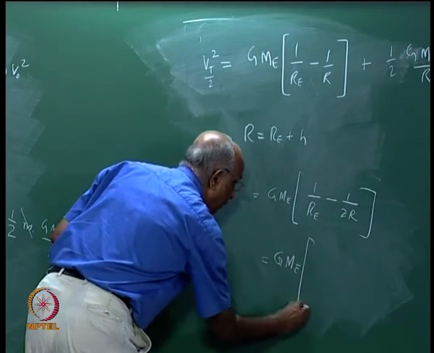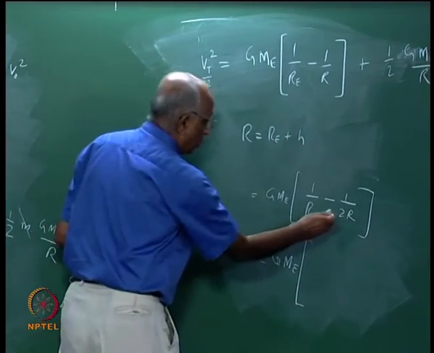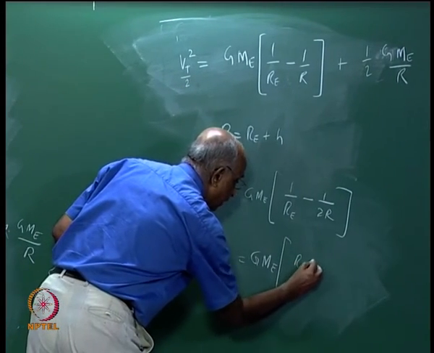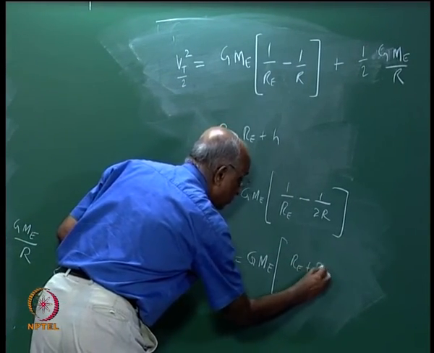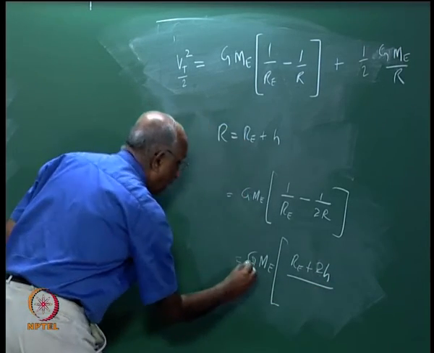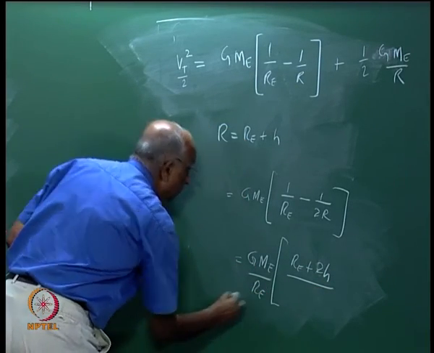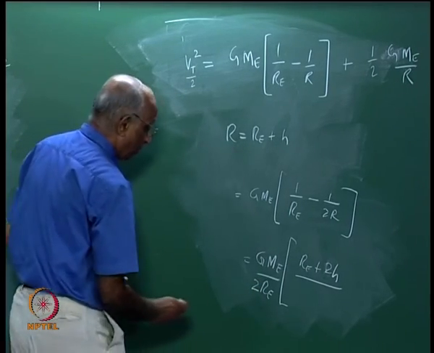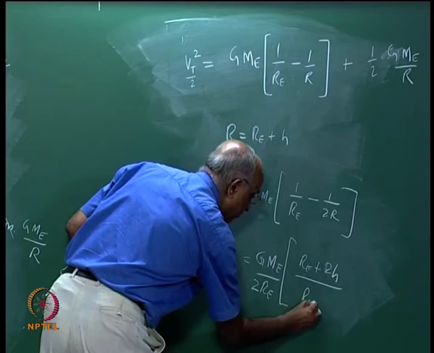and therefore this gives me something like G me by 2r minus Re, that means equal to Re plus h, Re plus 2h, and I take Re outside here and I have the value of 2 over here, and therefore this is equal to Re plus h.